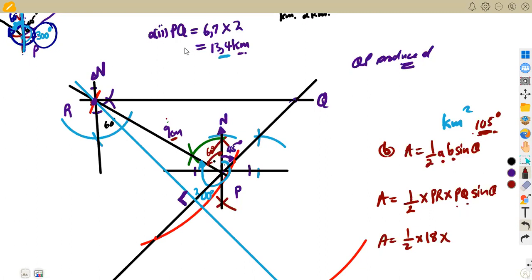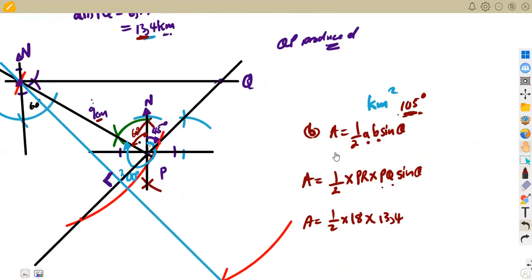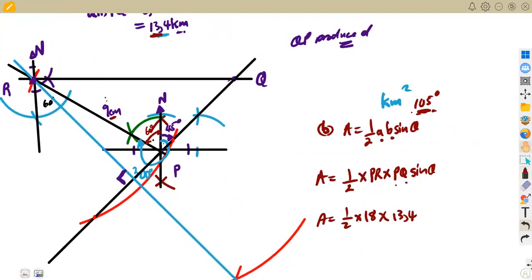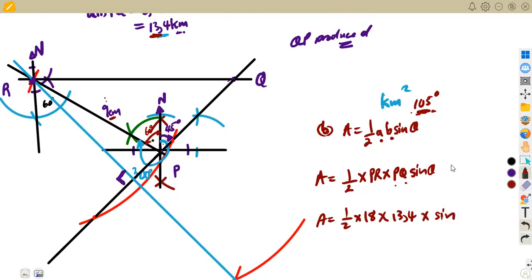Our PQ here in kilometers, we calculated PQ. You use the value that you obtained. Here I obtained 13.4. As for you, use the value that you obtained, times the sine of theta, where theta is this angle that we said is 105 degrees. This is going to give us the area of this triangular field.